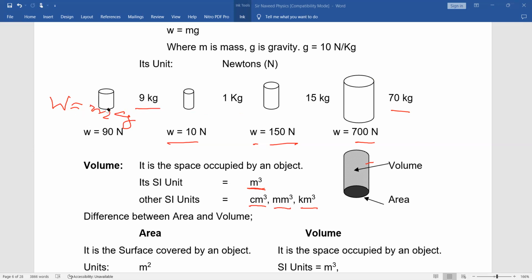Then we see what is the difference between area and volume. You know area is always two dimensional, the space in two dimensions, and volume is the space in three dimensions.